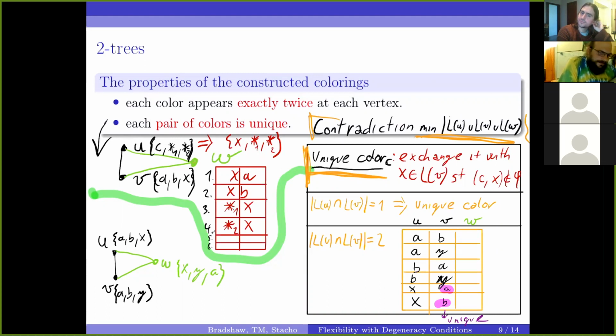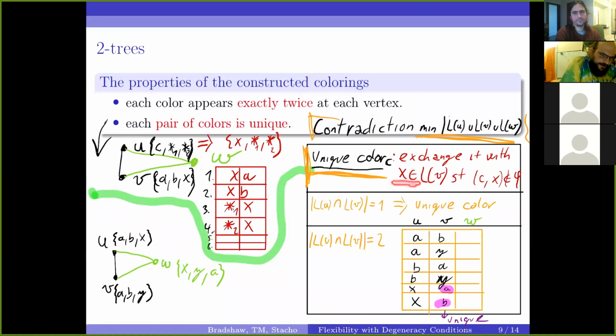So I will skip this case just by this intuition, but let's say that this unique color is now on this vertex U, which is already colored. So we will do some more clever exchange.